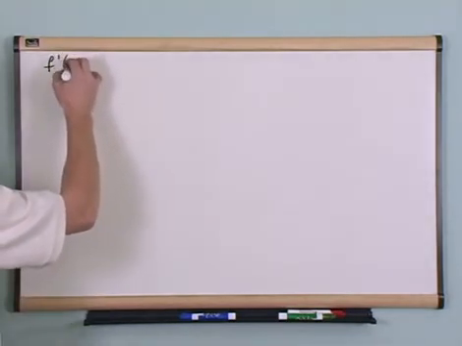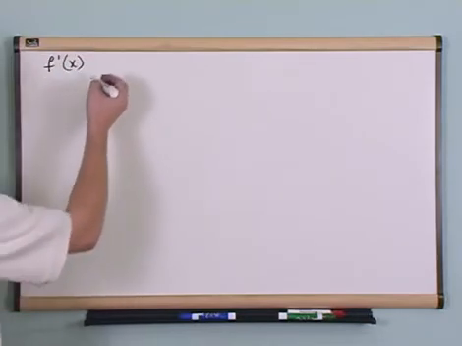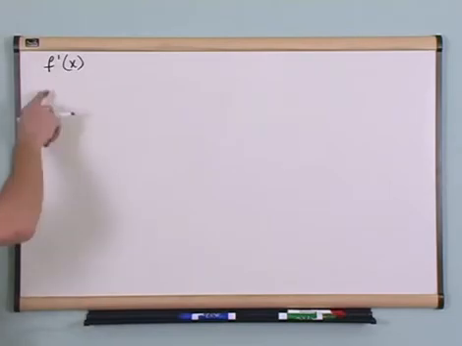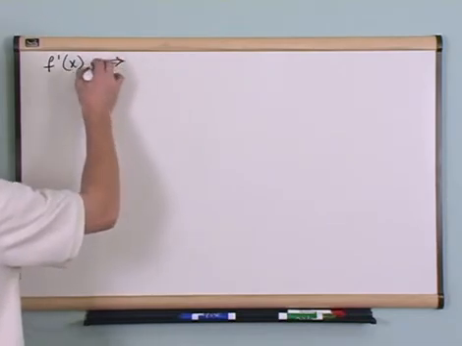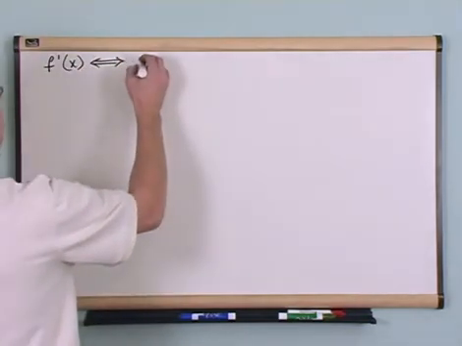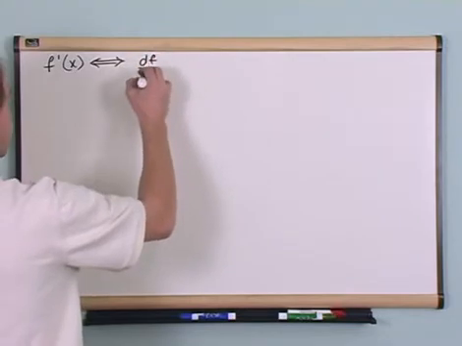section, namely that the derivative of a function of x is denoted by this prime here, the derivative, which is the slope of the line tangent to a point on this curve. You can write it that way, or you can write it, as we said in the last section, simply as df dx.